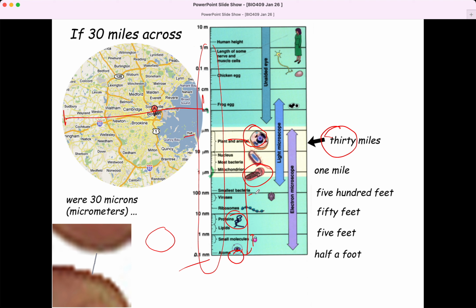And then we get up to viruses, and ribosomes are bigger. A ribosome is like a high school. And viruses get to be like the size of a block, right? So you can maybe save a screenshot of this as a reference when we talk about scale, because these are tiny sizes and it's hard to keep track of the size.